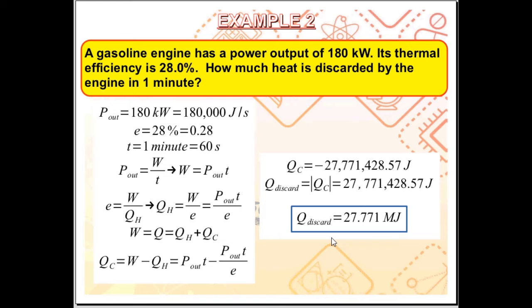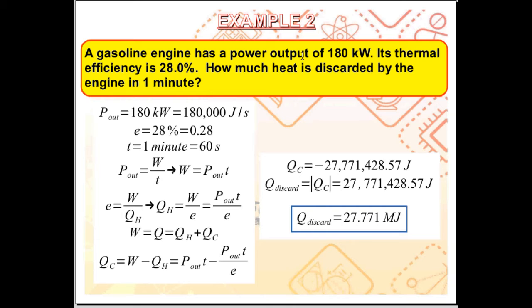Next, we have example number 2. A gasoline engine has a power output of 180 kilowatts. Its thermal efficiency is 28%. How much heat is discarded by the engine in 1 minute?